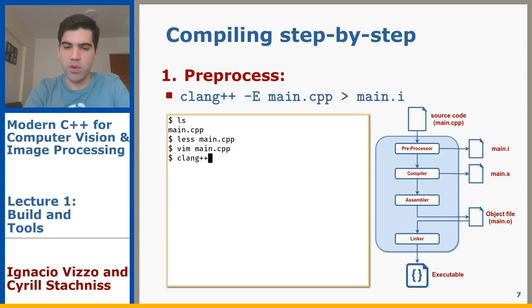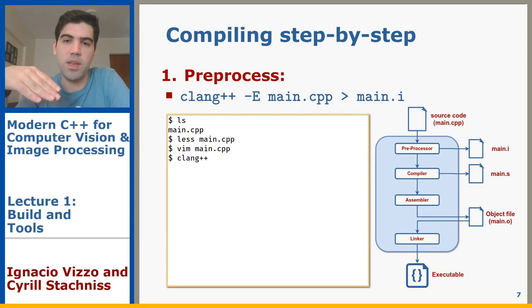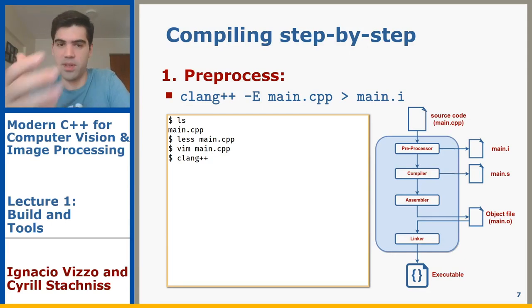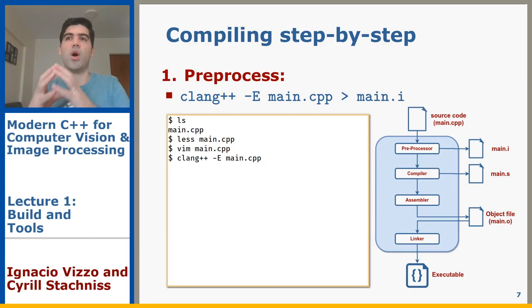And then if we invoke the compiler, we can say, okay, I want to do the steps manually, perhaps because I want to check what's going on in between, or because I want to change something else. The flag you need to pass to the compiler is the capital -E, and then you do main.cpp, and this will open the file, preprocess it, and output the results to the standard output.